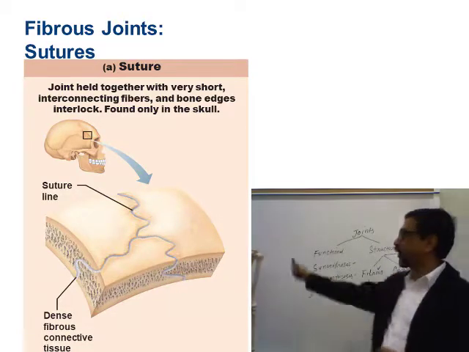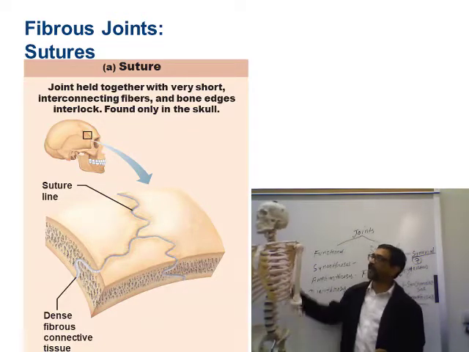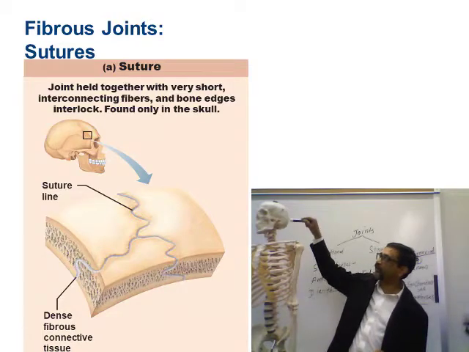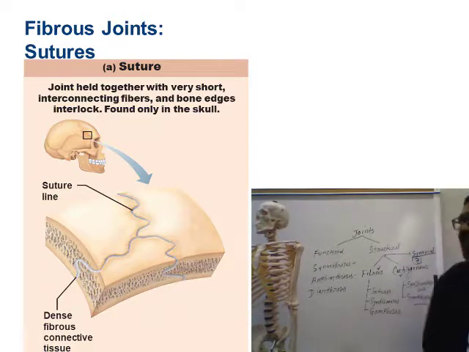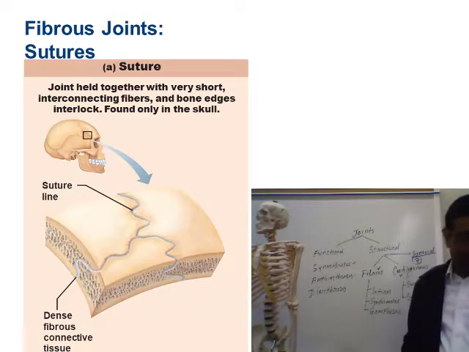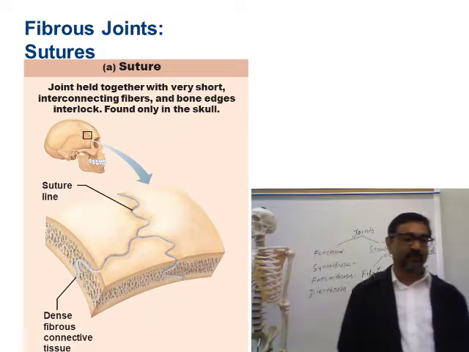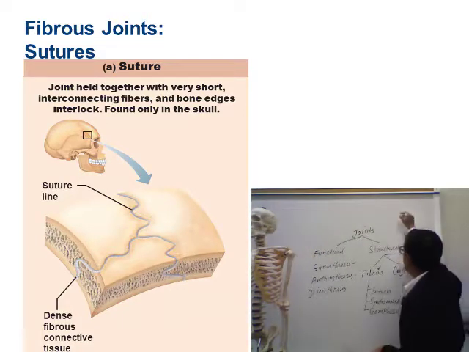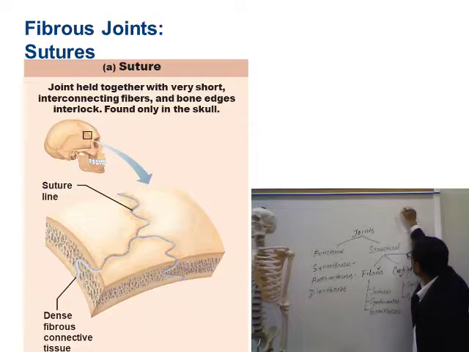First, sutures. You already know that skull bones are connected by the sutures. So these are the sutural joints. You see, in sutures or sutural joints, their bones have borders like this. So this is one bone and another bone also has like this.